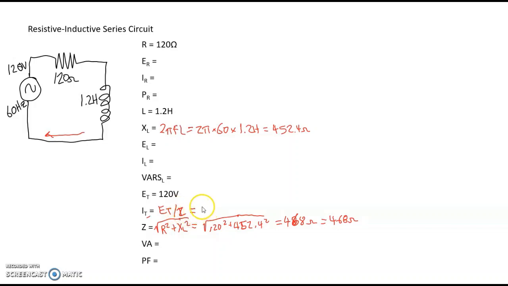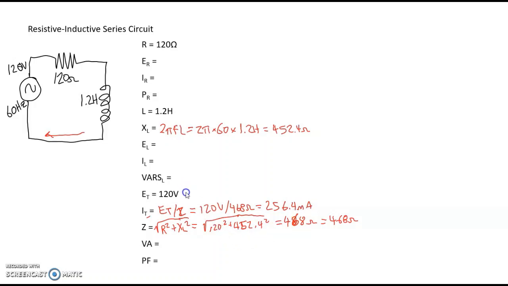So that equals 120 volts divided by 468 ohms, equals 256.4 milliamps.